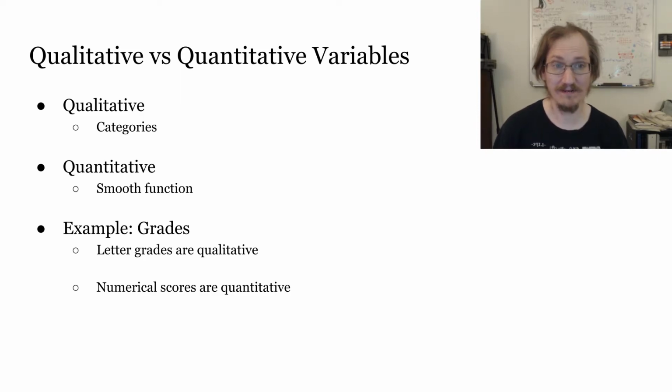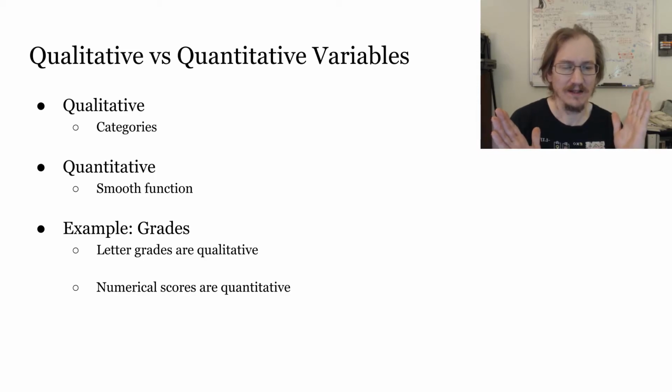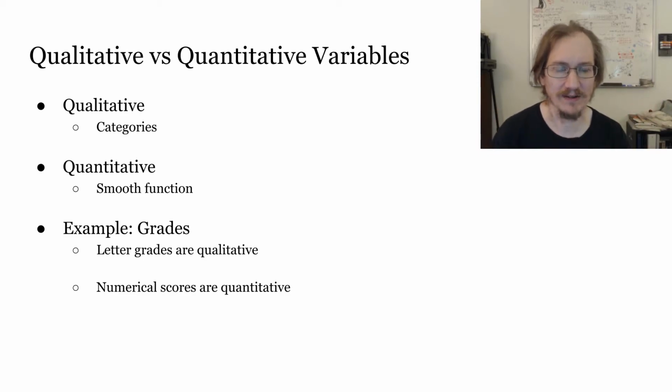Now, a quantitative variable is a smooth gradient on a scale. An example of a quantitative variable would be, if you're driving a car, you've got a gas tank and a fuel gauge. That fuel gauge can go to any point between the maximum and minimum values.